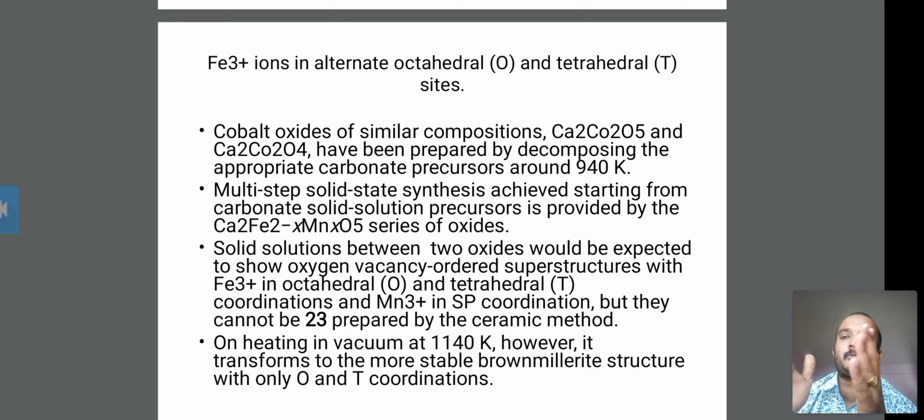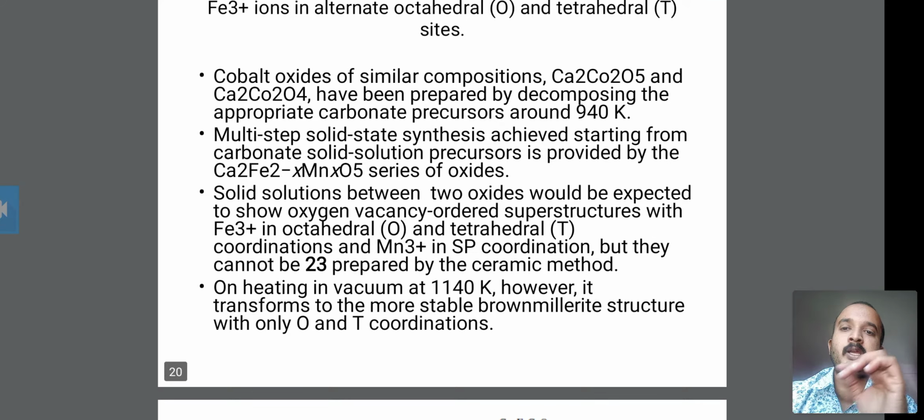This point says that cobalt oxide has a similar composition, like Ca2Co2O5 and Ca2Co2O4. They have been prepared by decomposing the appropriate carbonate precursor around 940 Kelvin.